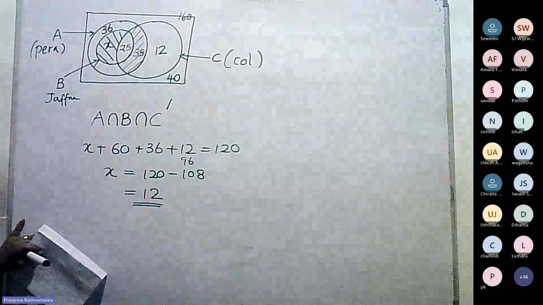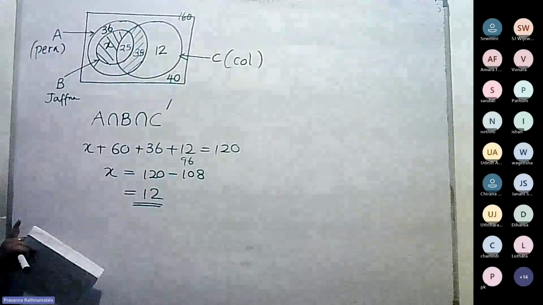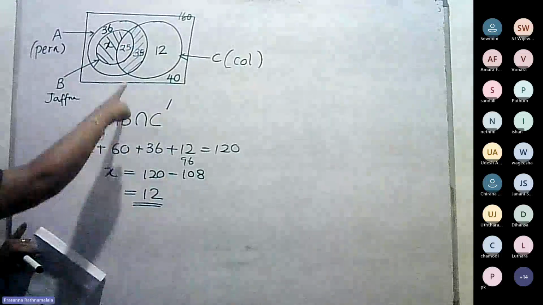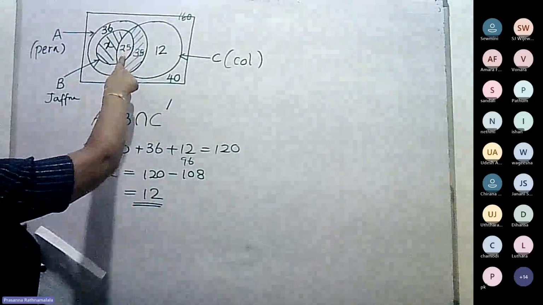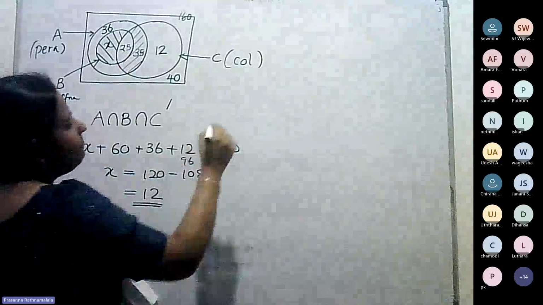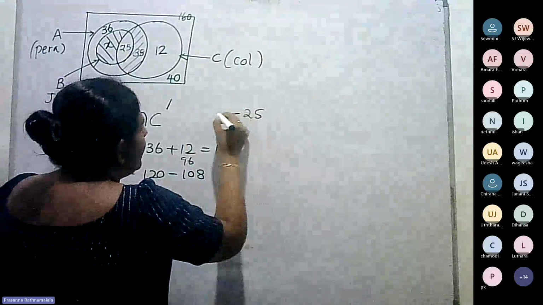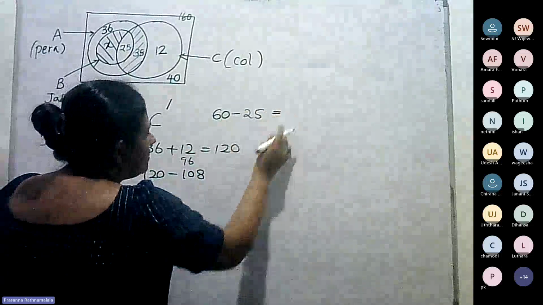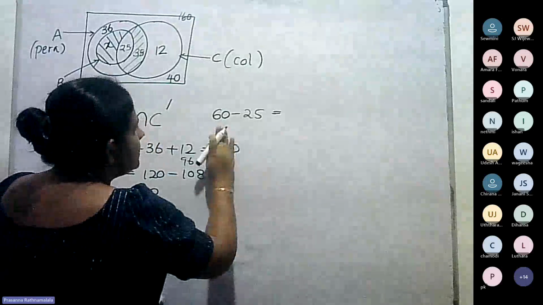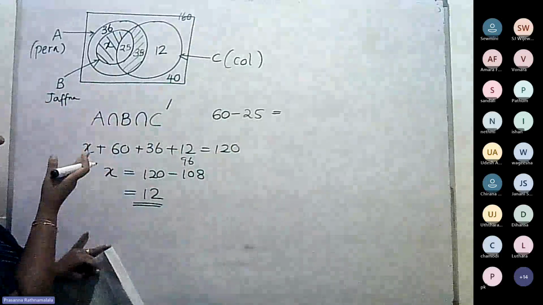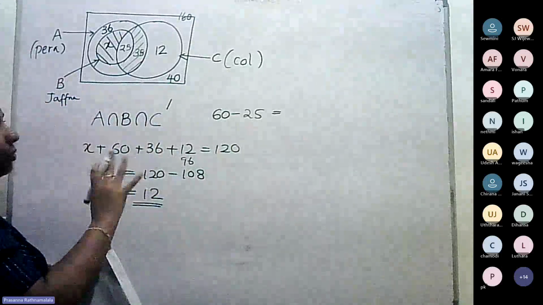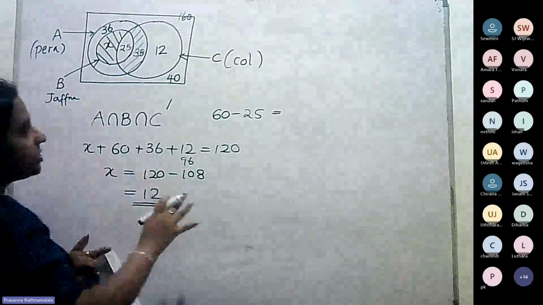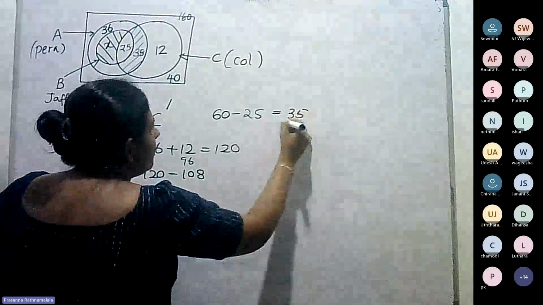You use that word, only. And what is the value? You subtract 25 from 60. You show all the calculations. That is 35.